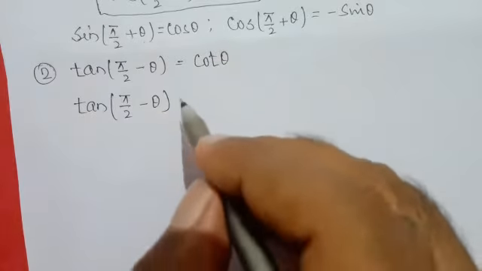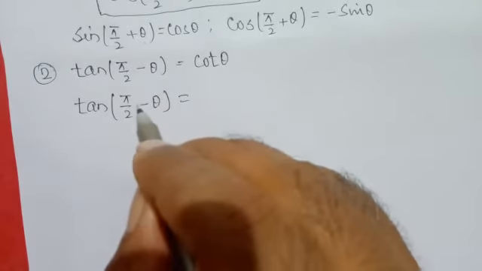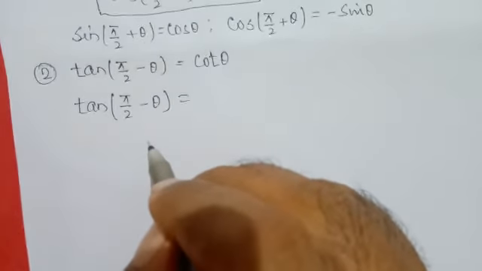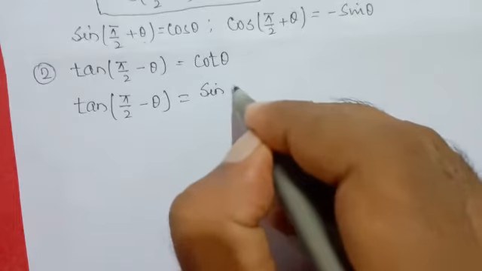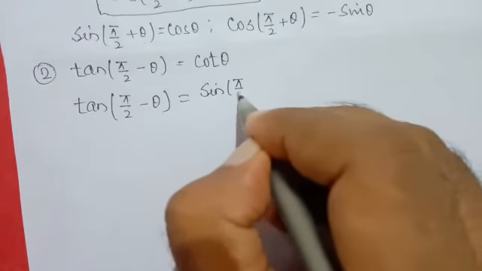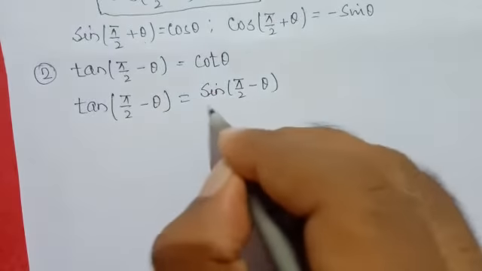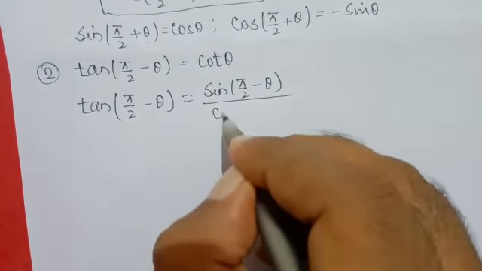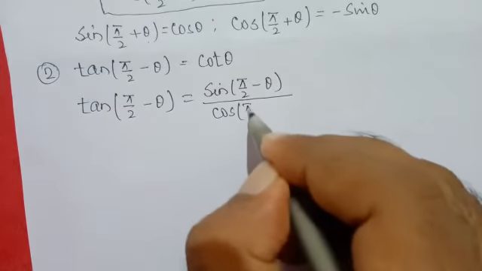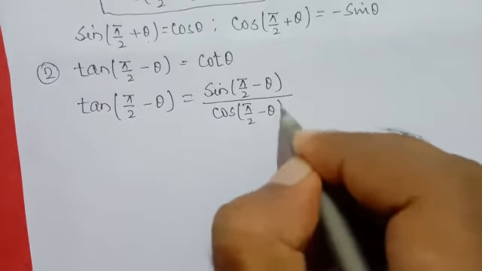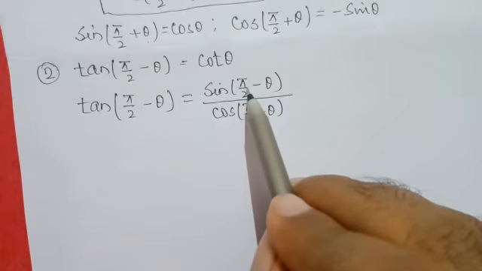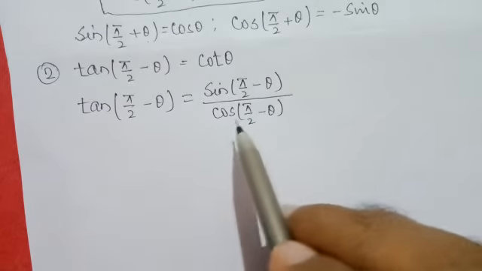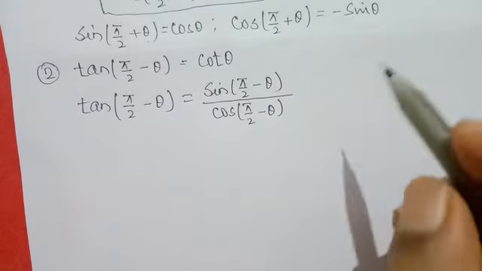So write first tan theta is equal to sine theta upon cos theta. Means it should be written as sine pi by 2 minus theta upon cos pi by 2 minus theta. So now apply the sin A minus B formula in the numerator and cos A minus B in the denominator.